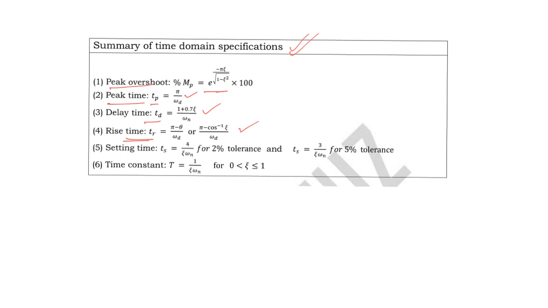Settling time Ts is 4 by zeta omega n for 2% tolerance and 3 by zeta omega n for 5% tolerance. One more thing is the time constant, which is 1 by zeta omega n for 0 less than zeta less than or equal to 1. This applies only to critically damped and underdamped systems.